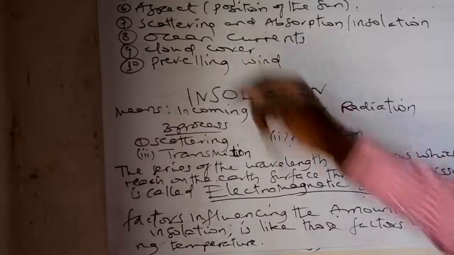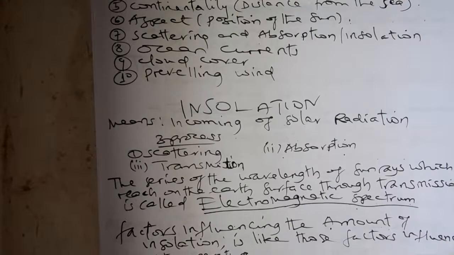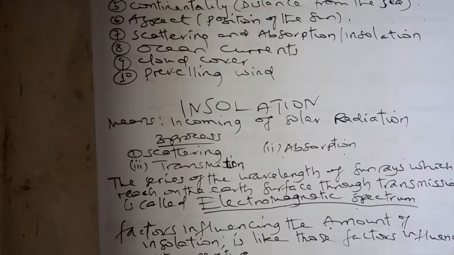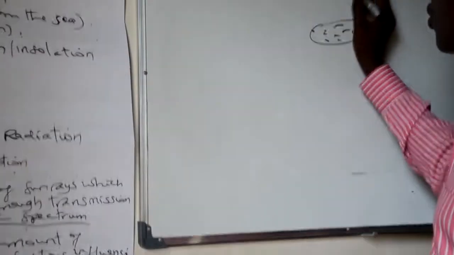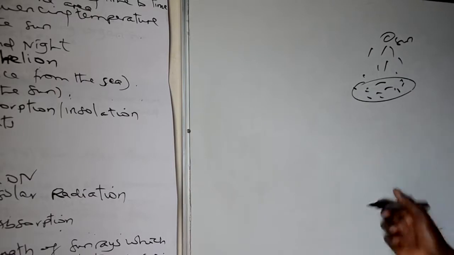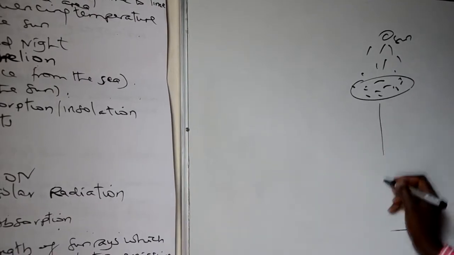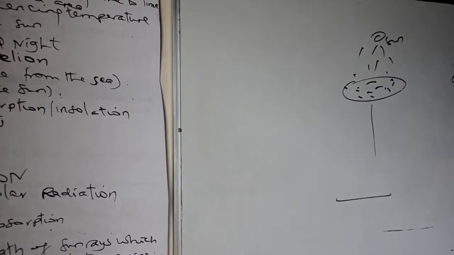Another factor is cloudiness. Cloud is an element of weather that forms due to particles of water vapor rising up and concentrating or saturating with each other. Wherever condensation or cloud formation is higher, it prevents high penetration of radiation or sun rays onto the Earth's surface, and low penetration of sun rays causes low temperature.